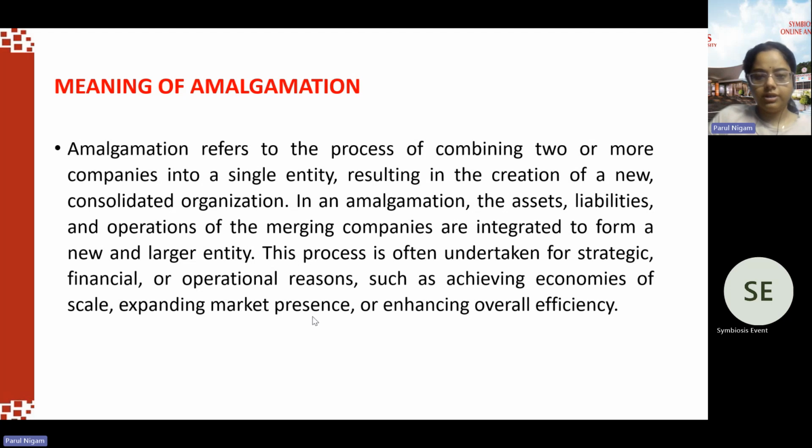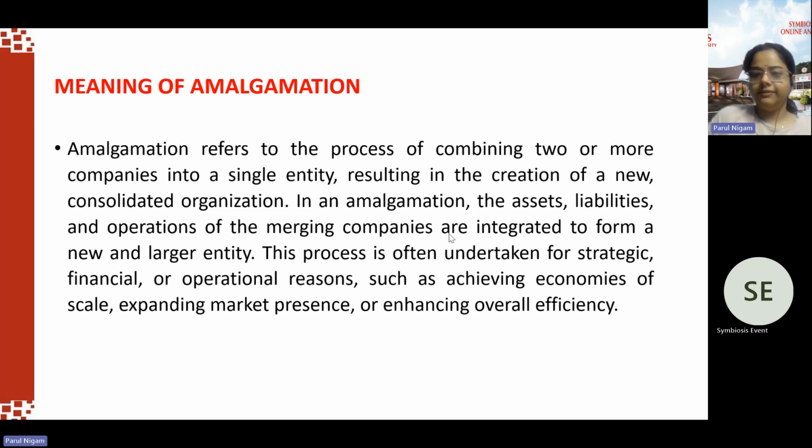So, when amalgamation happens, it results in various benefits to the combination of these organizations. They expand their market presence, their overall efficiency is improved, and they get economies of scale. The per unit cost reduces when you are producing in a large quantity, and you will be able to utilize your resources more efficiently.